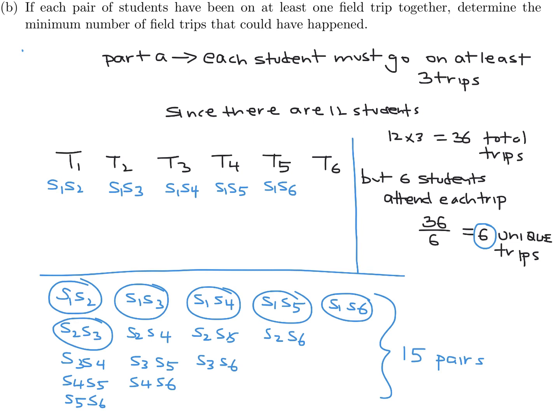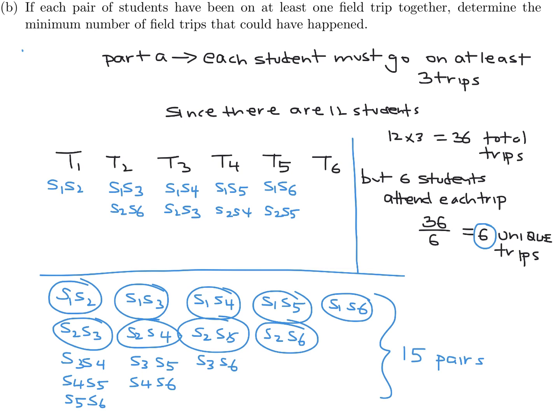I can't put it here either because S3 is there, but I can put S2, S3 here. S2, S4, I can put here. S2, S5, I can put here. Okay, so S2, S6. Where can I put? I can put S2, S6 here. There we go. Okay, I've only got a few more left.